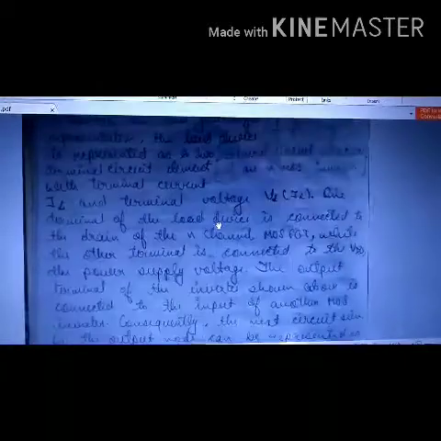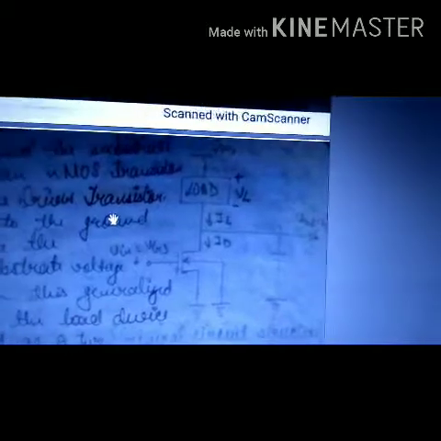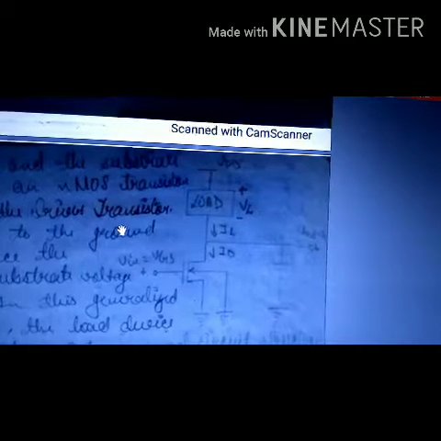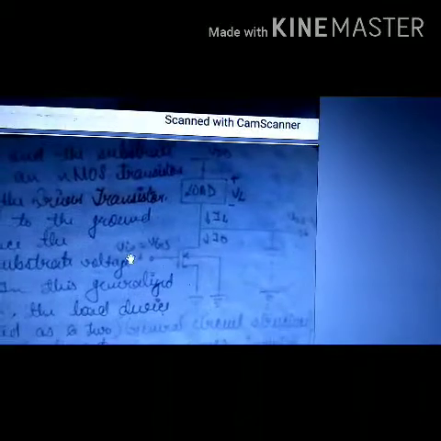This figure shows a generalized structure of an NMOS inverter. The input voltage of an inverter circuit is also the gate to source voltage of an NMOS transistor. This is an NMOS transistor, and whatever voltage is applied to its gate is the input voltage for the present circuit. This voltage is known as the gate to source voltage because the source is the grounded terminal.